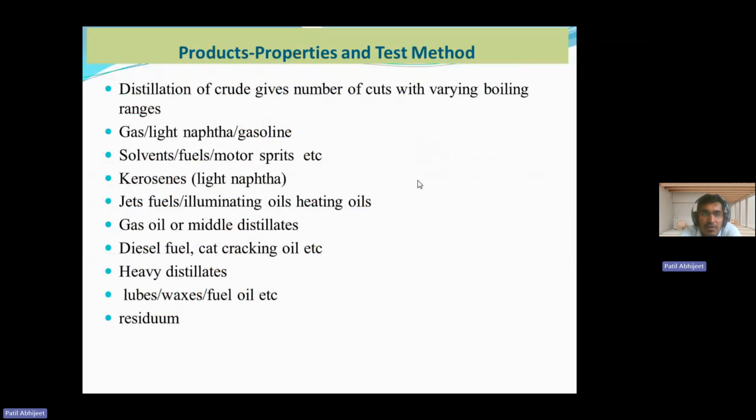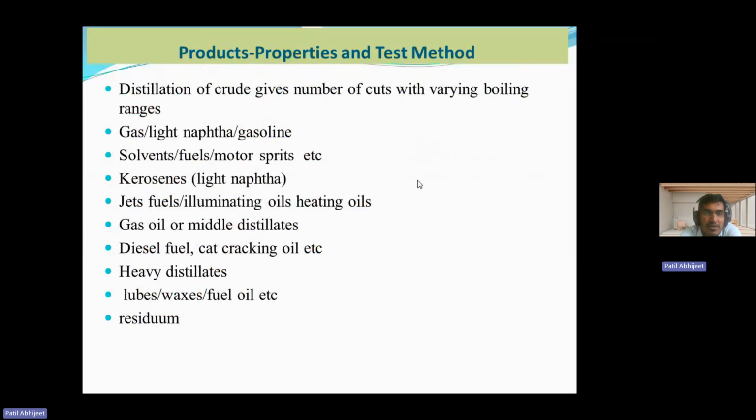Generally the products obtained from vacuum distillation or crude distillation are considered as gas. This gas may be LPG, liquefied petroleum gas, light naphtha, or gasoline. Gasoline is what we call petrol.